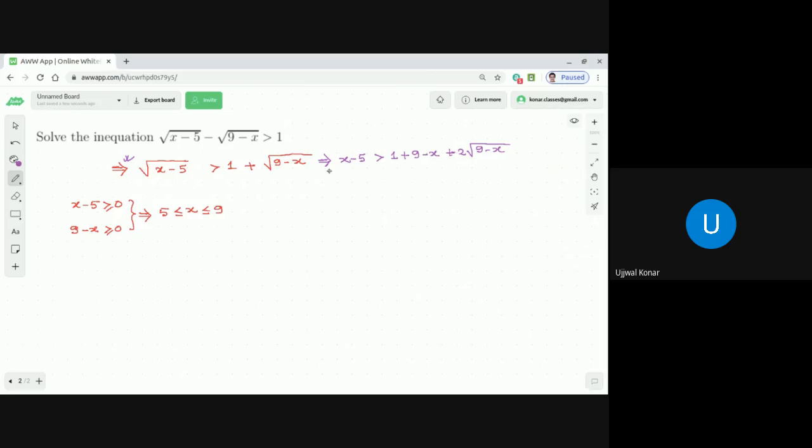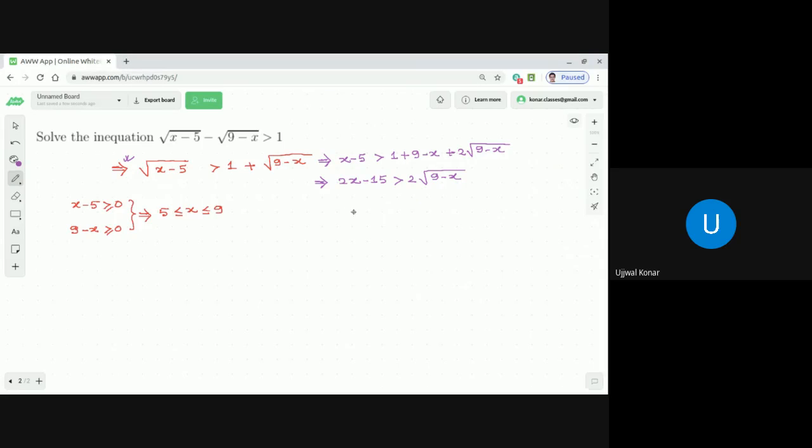So then, if we simplify, what are we going to get? 2x minus 15 is greater than 2 into square root of 9 minus x. Correct, no, dear students? So now from here, two cases are possible. What are the two cases possible, dear students?